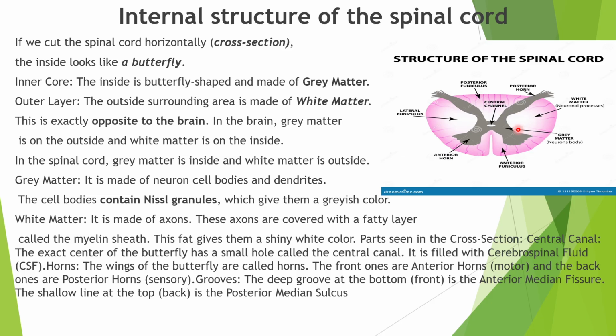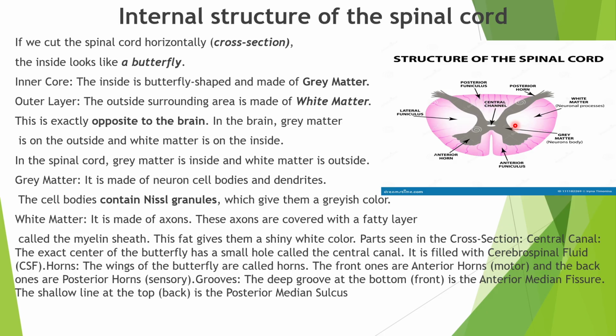The gray matter is made up of neuron cell bodies and dendrites. That cell body contains Nissl granules and gives the grayish color.